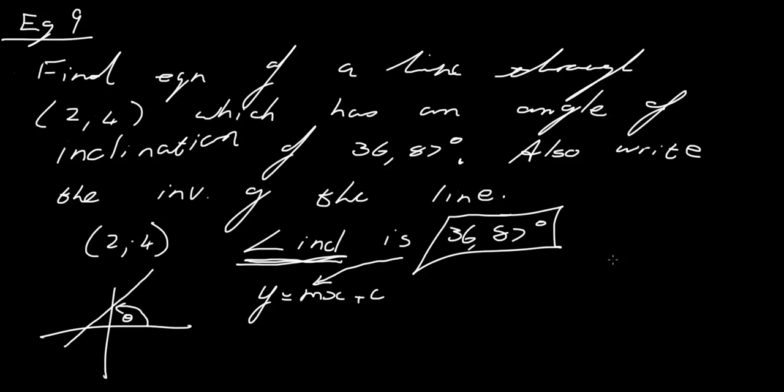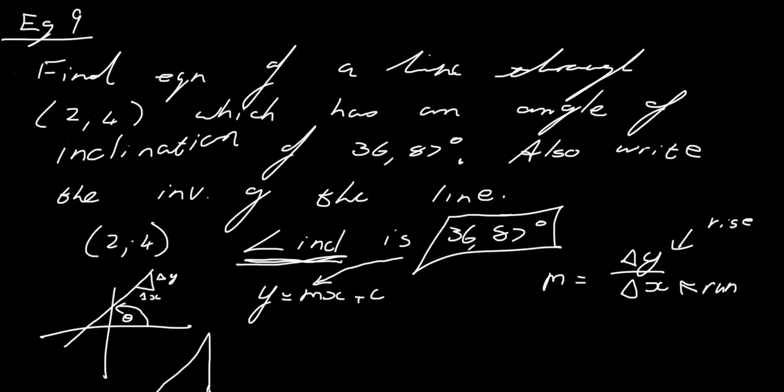Well, gradient m equals change in y over change in x, or rise over run. If we draw our little gradient triangle, we've got delta y and delta x. Let's draw that gradient triangle a little bigger.